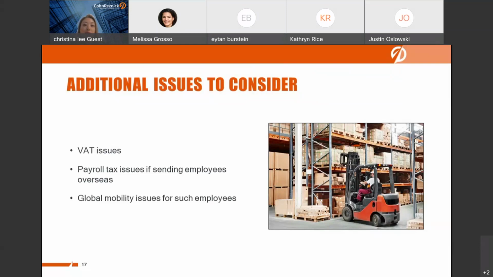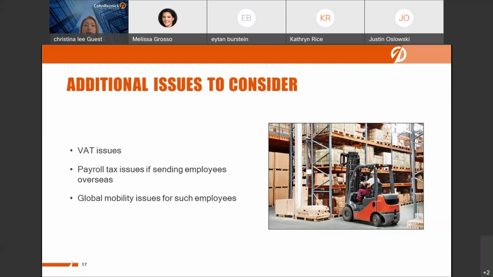There might be payroll tax implications for the company. And again, it might create a PE and generate income tax issues as well. And again, I would say if you have an employee working overseas for a week, there might not be any issues. But if someone is working at a particular location for a month or visiting a location frequently, then this might create an exposure for the company.